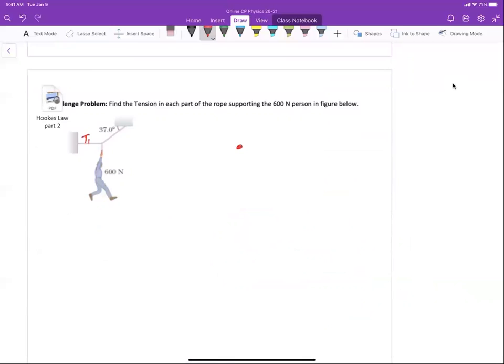These are not the same. The angles are different, so I know the tensions are not the same. Okay, this happens to also be 37 degrees, and I'm going to use that orientation because I think it's a little bit easier to see. 37 degrees. So I can break T2 into its components.